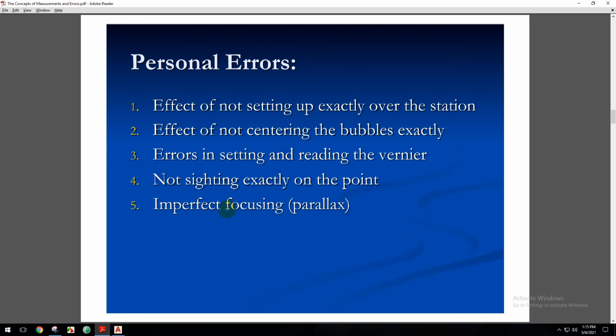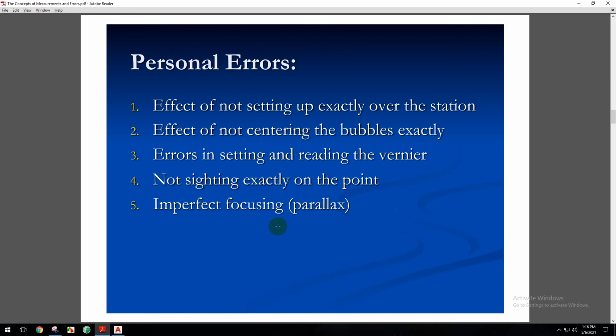Then, imperfect focusing. So, parallax. So, ang sa maning parallax, kana bitaw different angles nimo gitan-aw ang usa ka butang. So, pwede duol ka mo tan-aw, pwede layo ka mo tan-aw, pwede medyo ubos ka mo tan-aw, pwede medyo taas ka mo tan-aw sa imong telescope. So, dapat consistent ang imong position sa imong mata every time mo tan-aw sa imong total station or sa imong telescope.